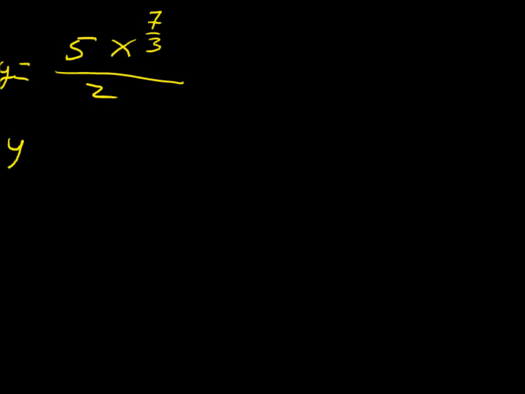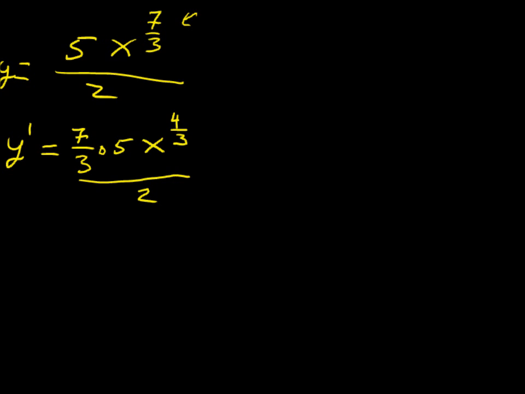So we have y prime will equal, okay, just like before, we got to look at the power there. We say, okay, that we got to put right here, and it will be multiplied by everything that came before, and then the power has to be reduced by 1. But 7/3, and then you got to take away 3/3, because that's the base that we're using. So that will leave 4/3. And it's still all divided by 2.